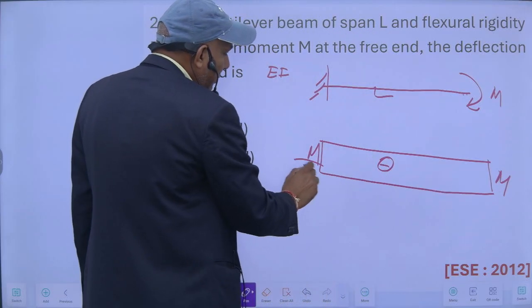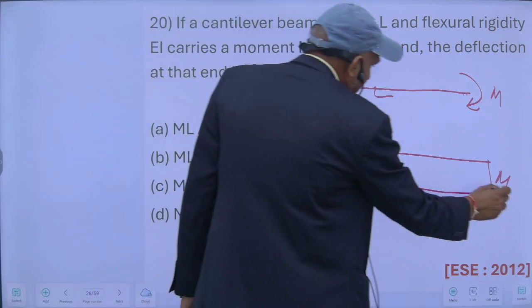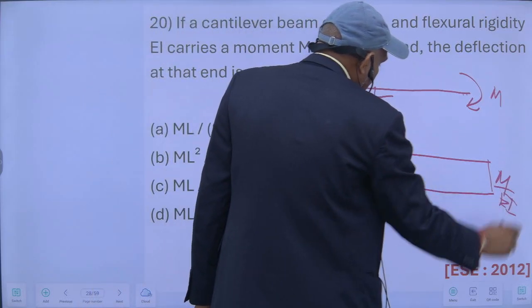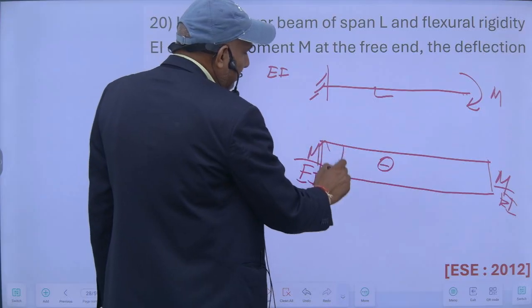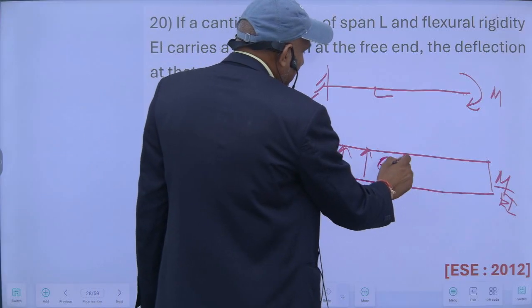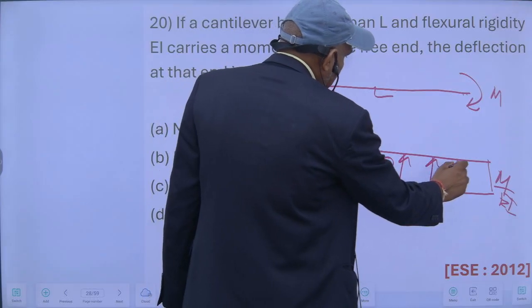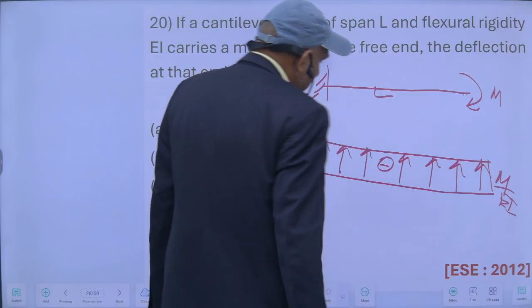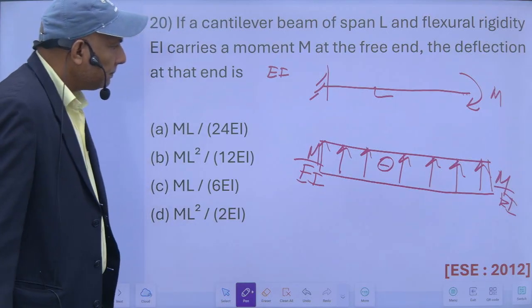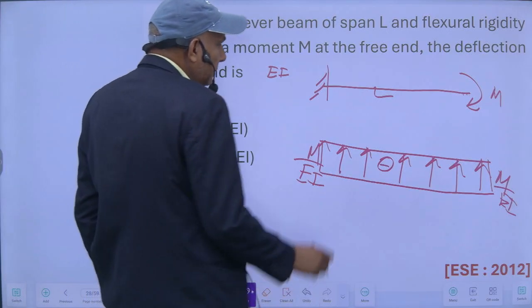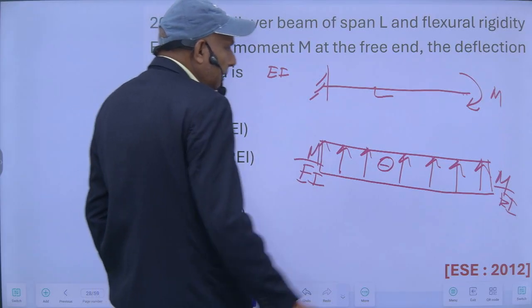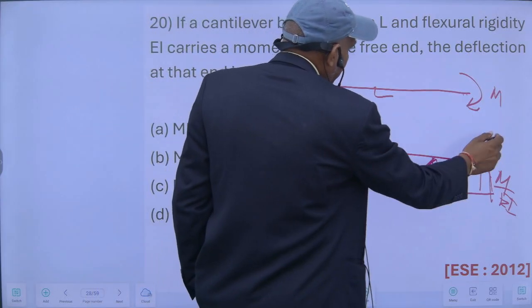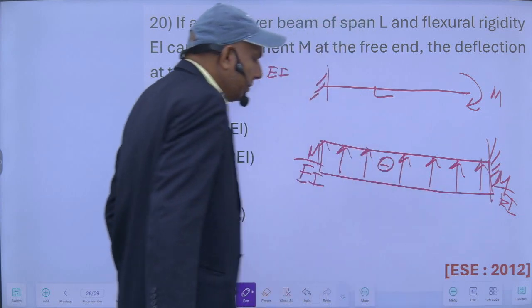So it will be M upon EI, the conjugate beam, and the reaction will be like this. And this fixed end will become free, and this free end will become fixed in the conjugate beam.